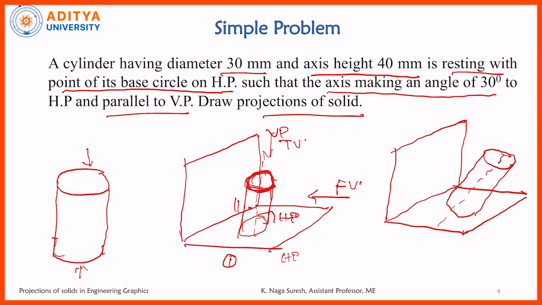This is the axis of the cylinder, and the axis is at 30 degrees to the HP and parallel to the VP. So in the second stage, the axis is inclined to one plane and parallel to another plane. After giving the inclination, how it is visible to the observer in the front view and top view, we will draw these two stages by using AutoCAD software.